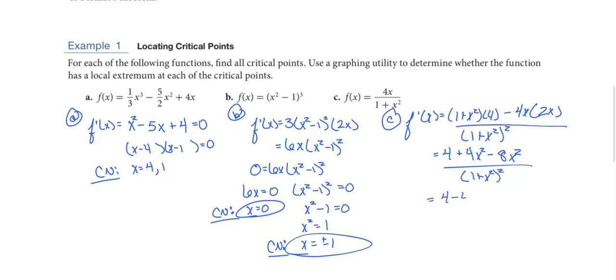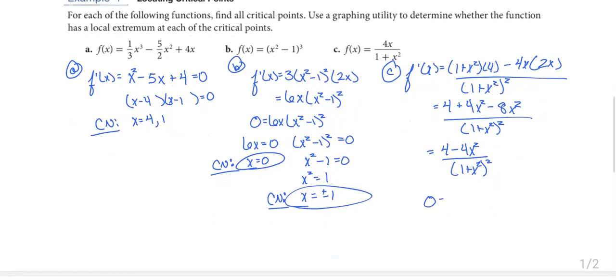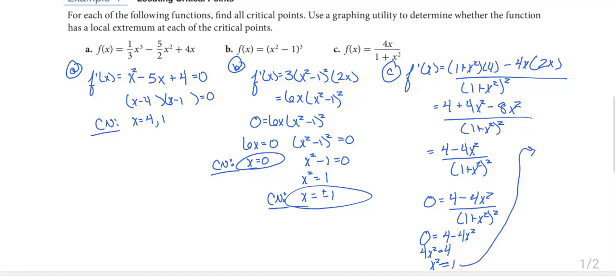So we have 4 minus 4x squared over 1 plus x squared quantity squared. And we're going to set that equal to 0. We're going to have 0 equals 4 minus 4x squared. So x is going to be equal to plus or minus 1. So these are critical numbers.